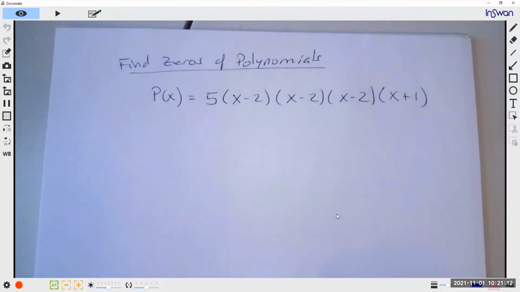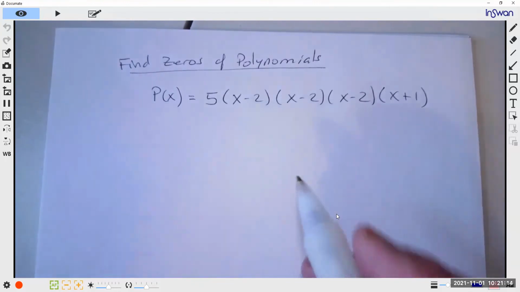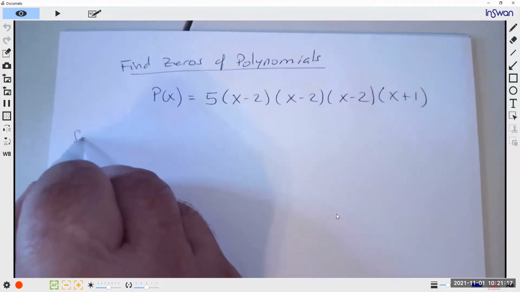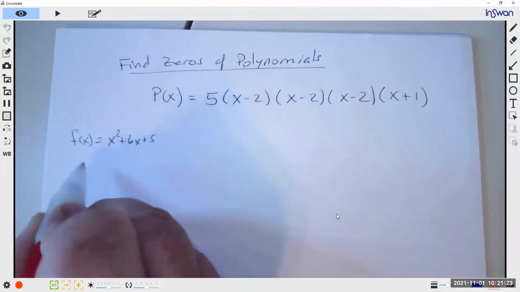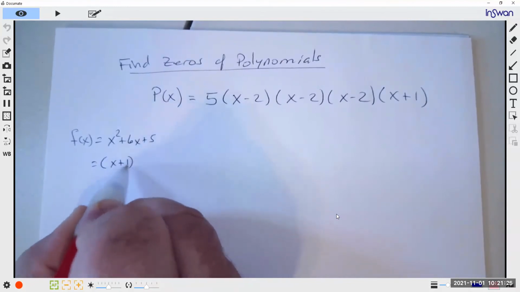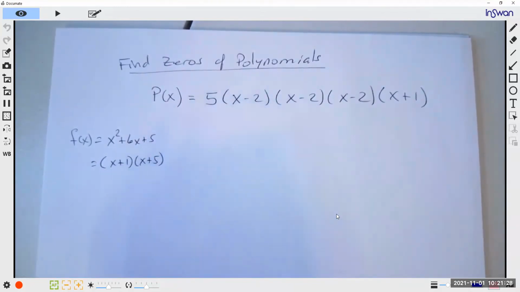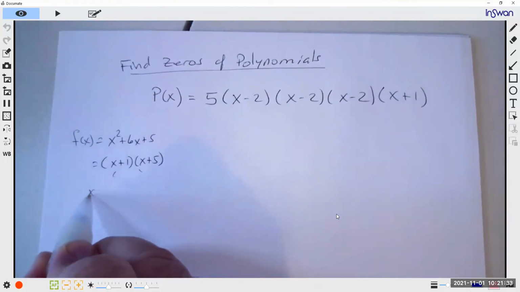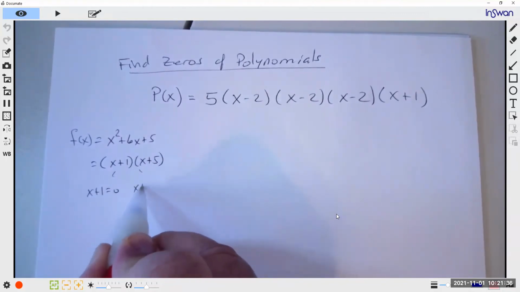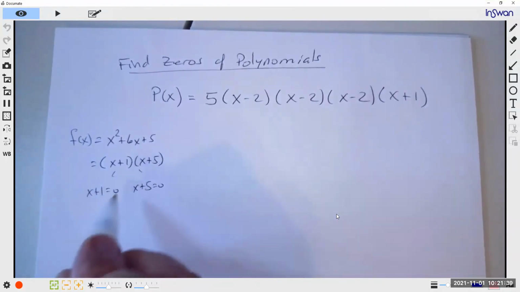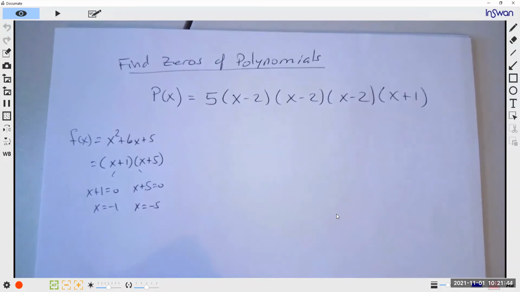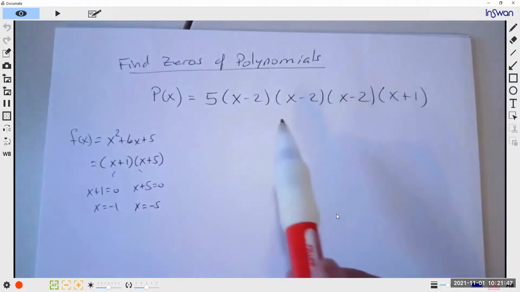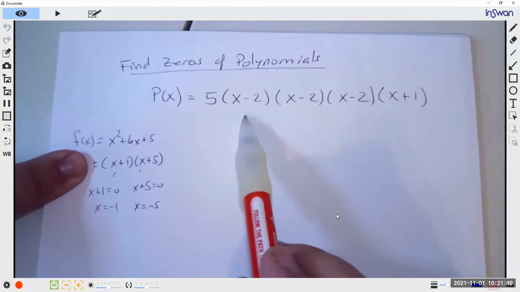Remember what we did in chapter 2: if I gave you x squared plus 6x plus 5, we took the polynomial, factored it out, and then we set each of these linear terms to 0, and then we solved it. We do the same thing here. We're starting from the factored form.